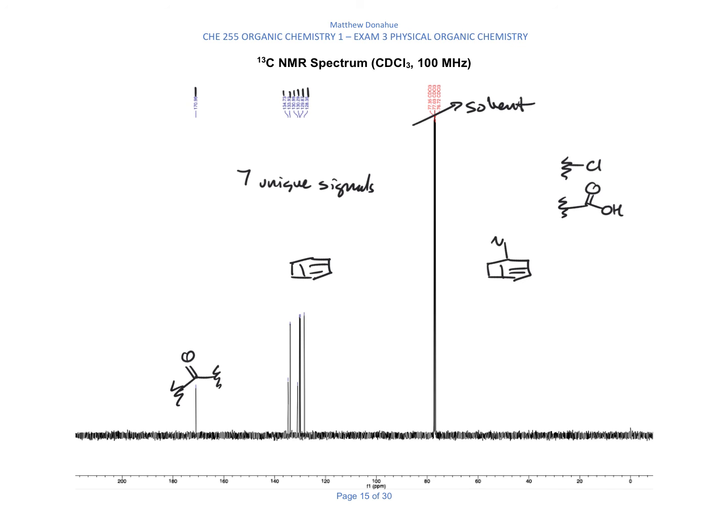What are the scenarios? That's one scenario. It's the 2nd scenario. This is the 3rd scenario. And what are you really doing? You're saying that's the 5th H, so you have 4 H's on the ring. We saw 4 unique signals.